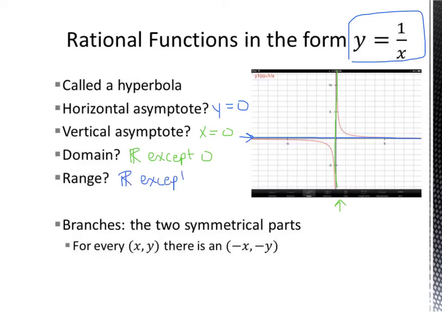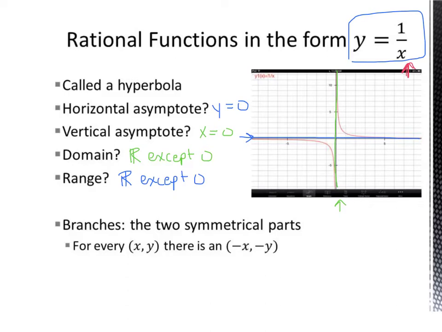So all reals except 0. The reason it's except 0 really stems from the fact that you are dividing by 0, and so x can't be 0. And 1 divided by any non-zero number will always be a non-zero number, so y can't be 0.